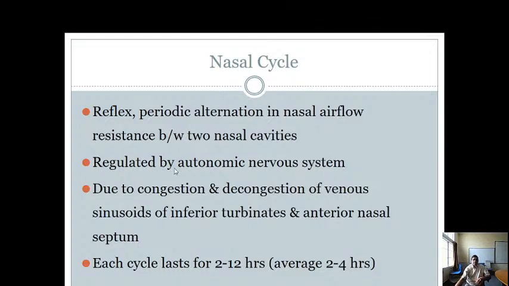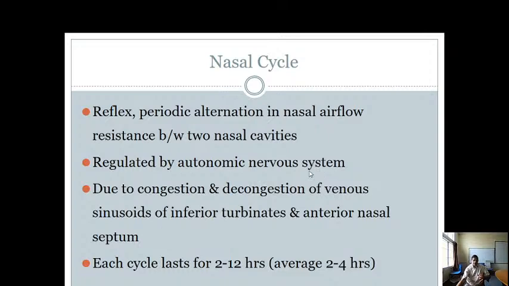As I said, the sphenopalatine ganglion, and the fibers that come from the superior salivatory nucleus, have an influence on increasing the secretions as well as releasing the physiological sphincter of the arterioles and flooding the venous sinusoids.